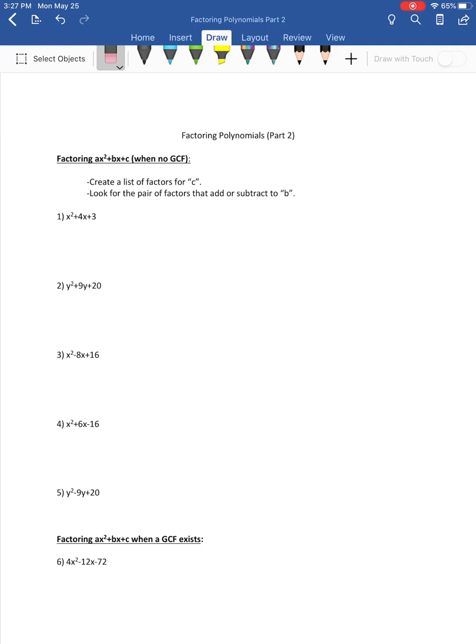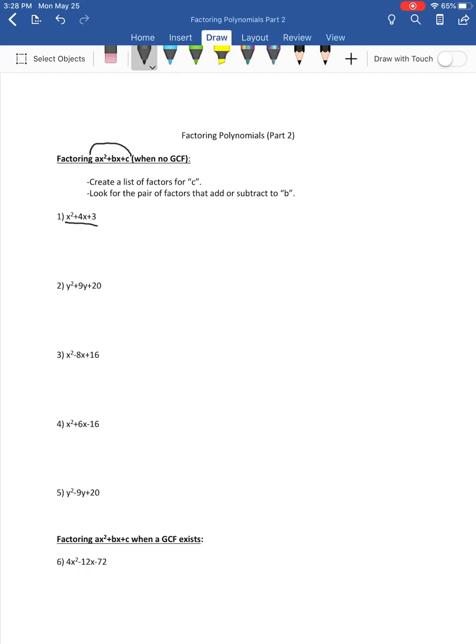Here we're going to concentrate on trinomials, 3 terms. So what we want to do is factor things of the form ax squared plus bx plus c. So something x squared plus something x plus some constant, trinomials, all right?